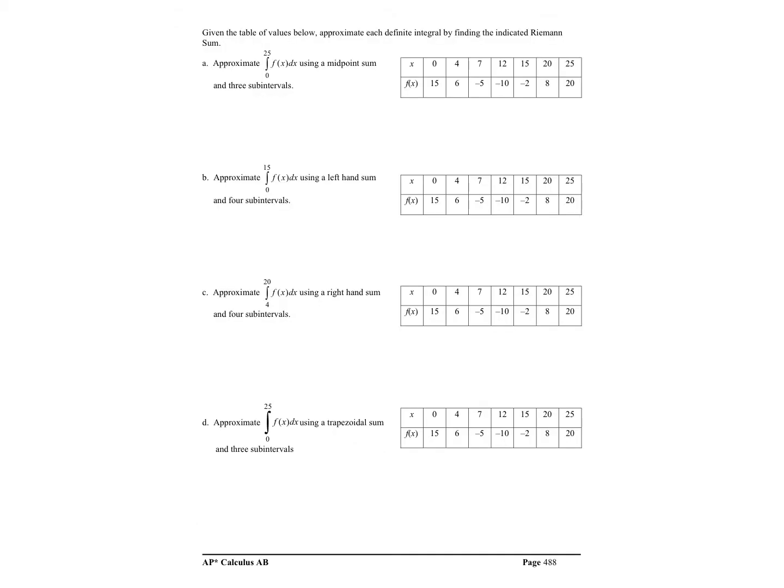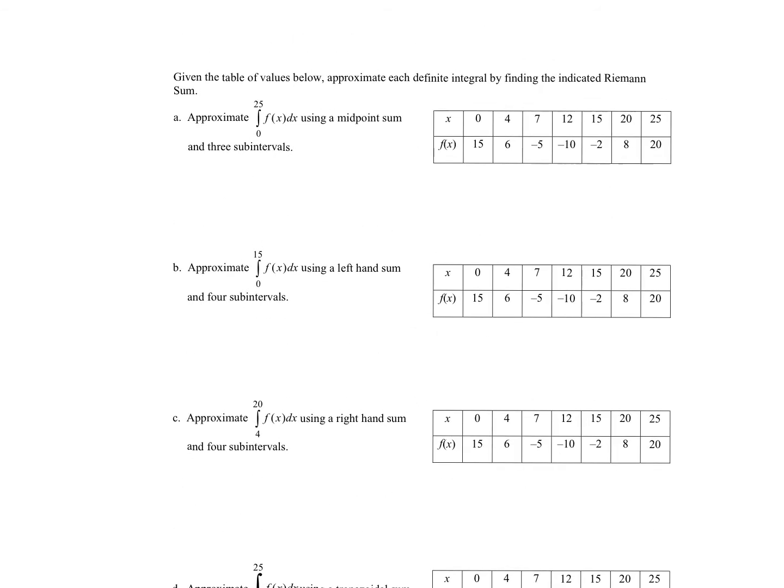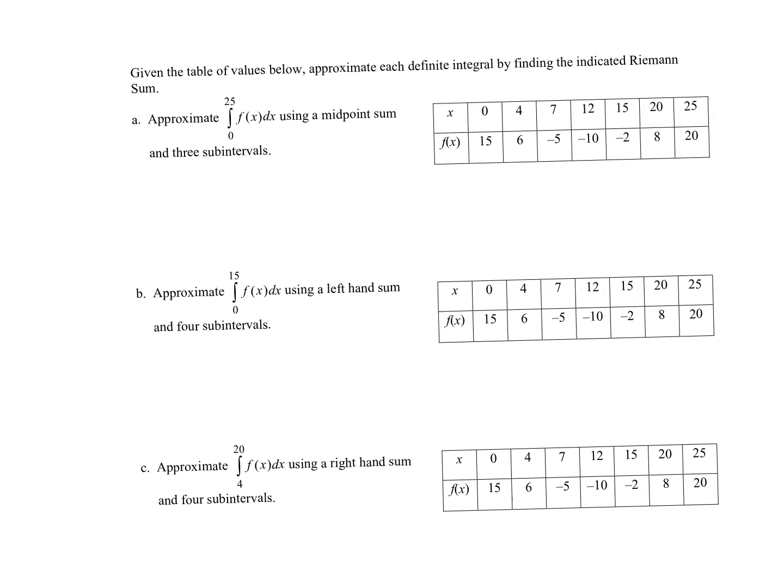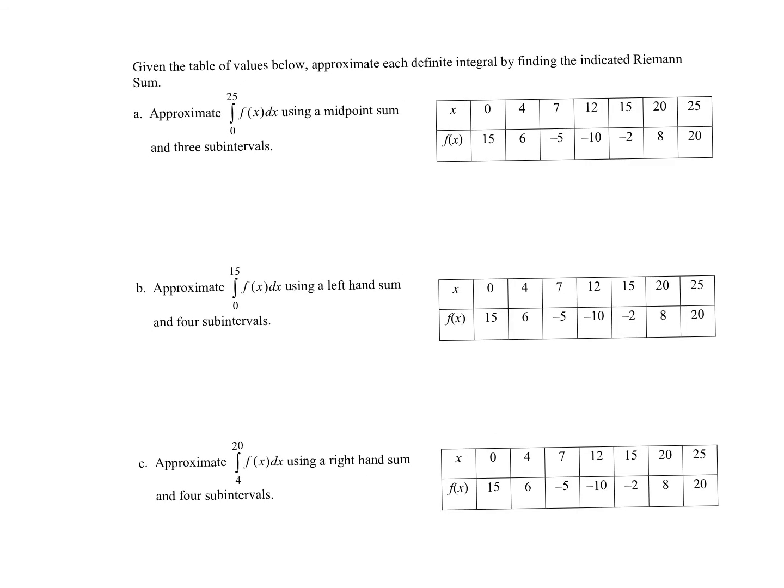Next page. Speaking of a table, we have a table here. We only have values from 0 to 25, and not even every value. If we had the full curve, we would know what it was doing, but you don't know what's happening between 0 and 4.